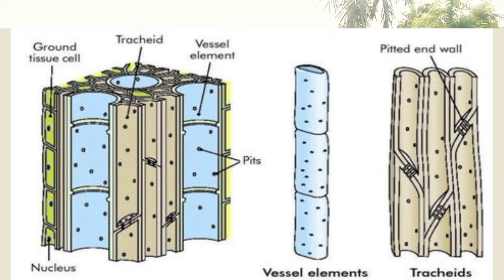The first one is xylem tracheids, then xylem vessels, then xylem parenchyma, and the last one is xylem fibers. So: tracheids, vessels, parenchymatous cells, and fibers.